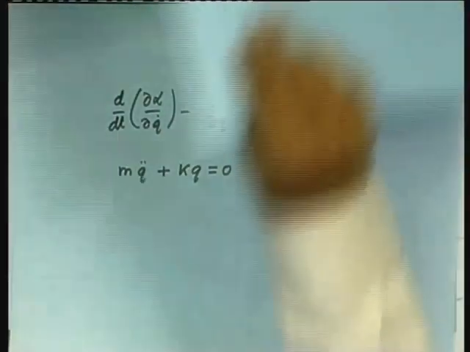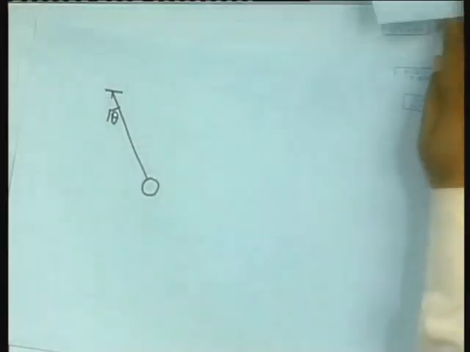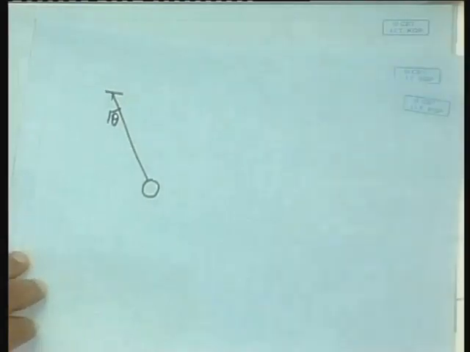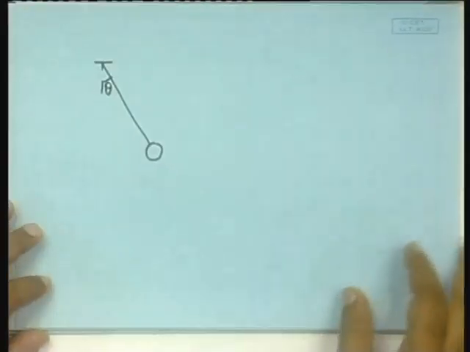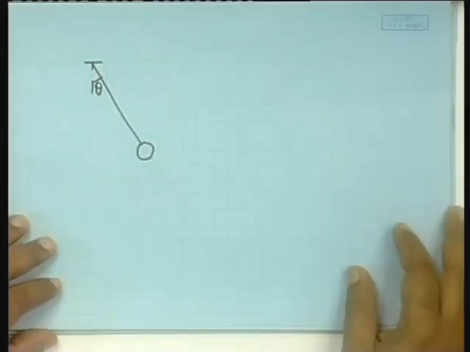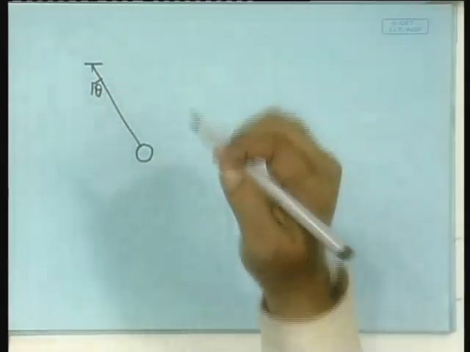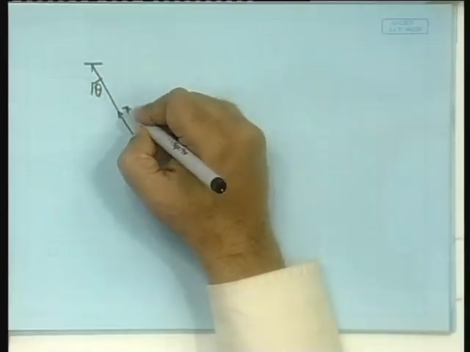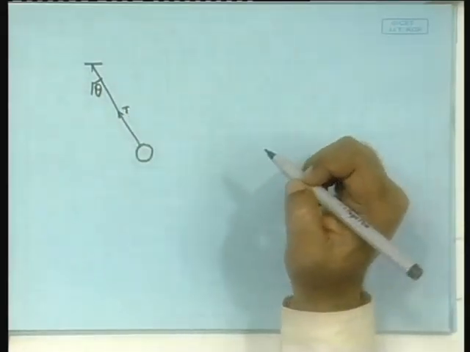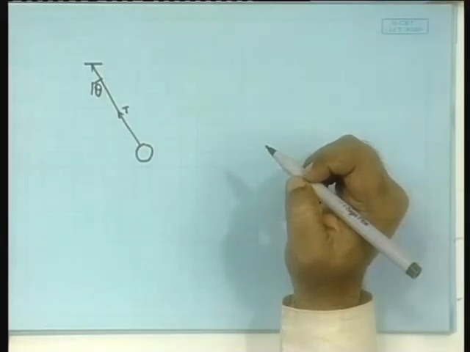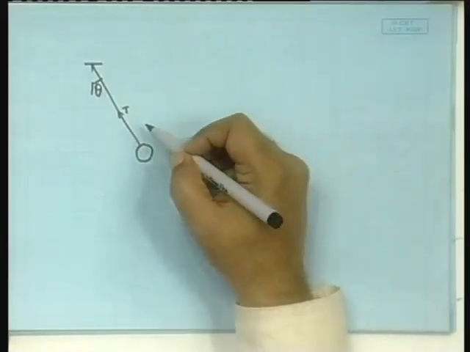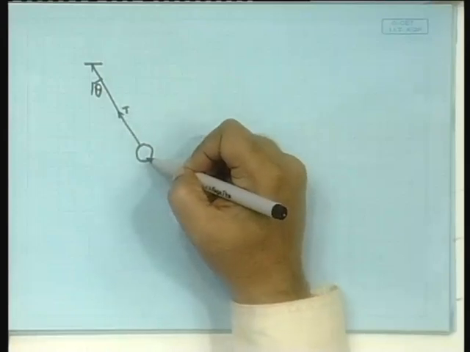So, let us now handle this problem which we had done earlier. Just turn the page where we have earlier obtained the differential equations by the Newtonian way. There the tension appeared, and it had to appear because that is a force acting on the body.